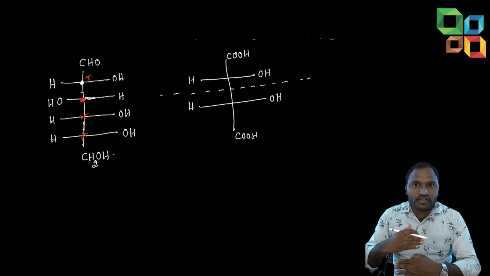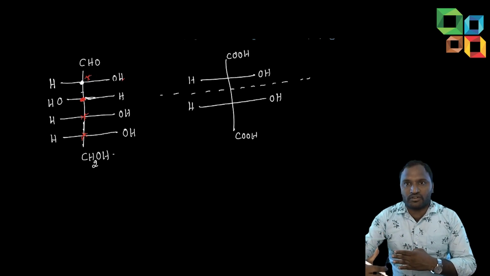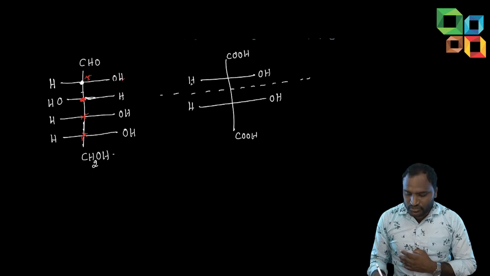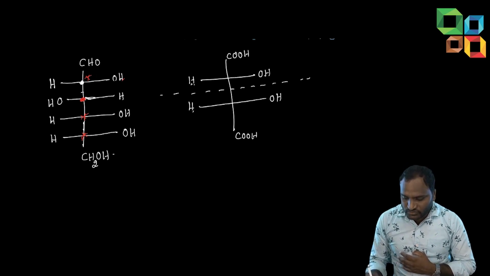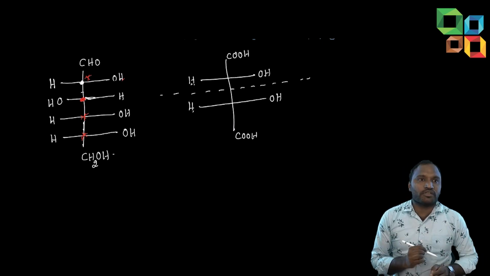This one part is mirror image to another one. Understood? See here, H. If you consider it as a mirror, H, H, OH, OH. Group which is far from the mirror, here also it is far from the mirror.